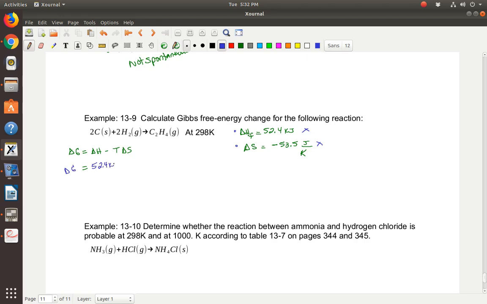So we have the kilojoules here minus the temperature of 298 kelvins times, all right, we have to convert this 1, 2, 3 again, so times a negative 0.0535 kilojoules per Kelvin.